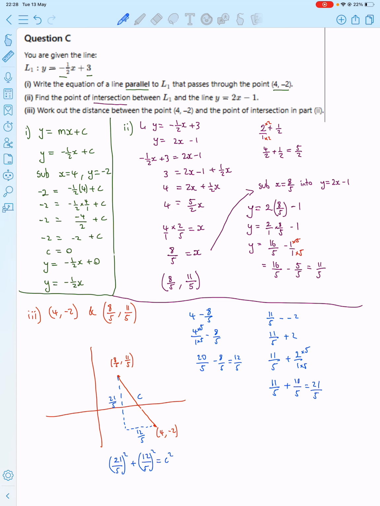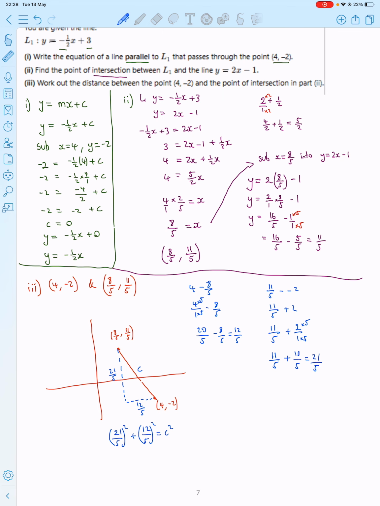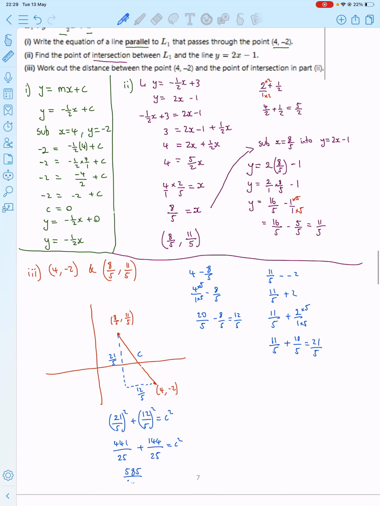Now, doing this calculation, we have 21 squared, which is 441 over 5 squared, so that's over 25. 12 squared is 144 over 5 squared, which is 25, and that is equal to c squared. Okay, 441 plus 144, that is going to be 585. So 585 over 25 equals c squared.